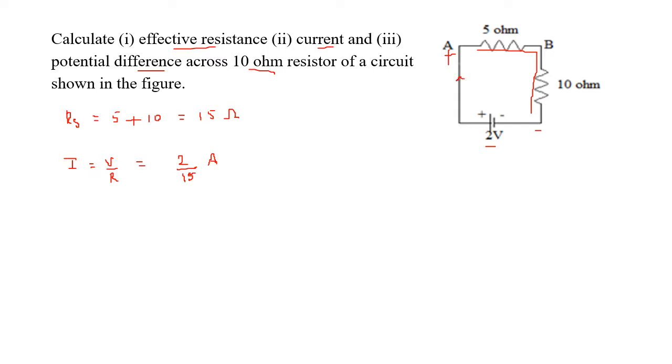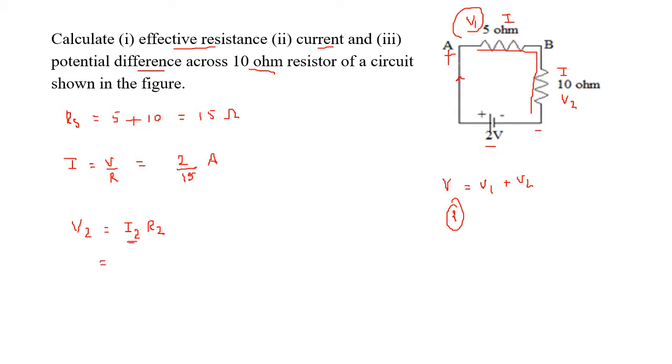Now what do you know? In a series circuit, the current remains the same. Current remains the same, but the voltage changes. So this should be V1 and this should be V2. Now we know V is equal to V1 plus V2, means the total is 2. But how much is V1 and how much is V2? So we'll take V2 is equal to I2 R2.